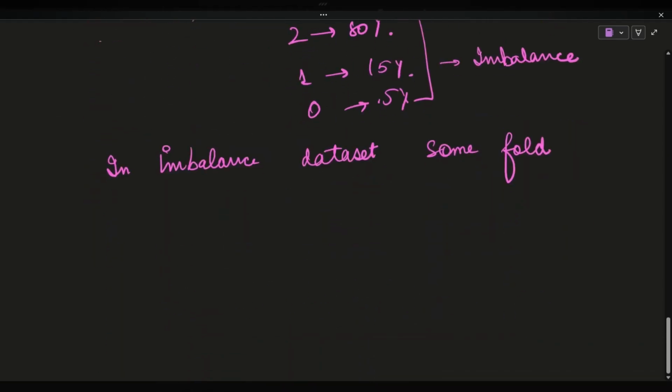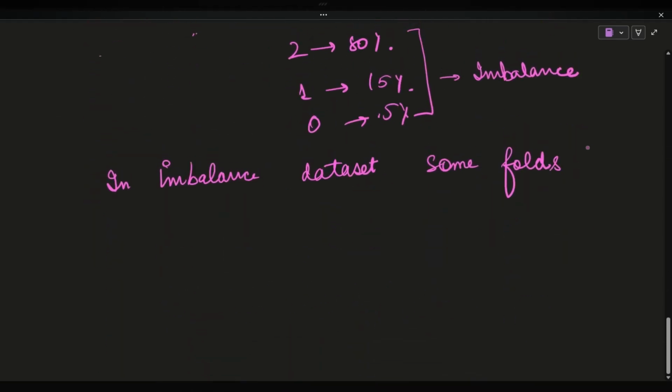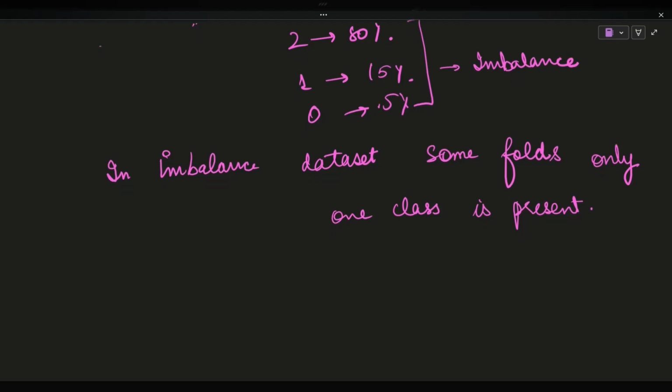So in some folds only one class is present, only one kind of data is present. So what will happen is hyperparameter tuning will not be correct. So this is not the right way.